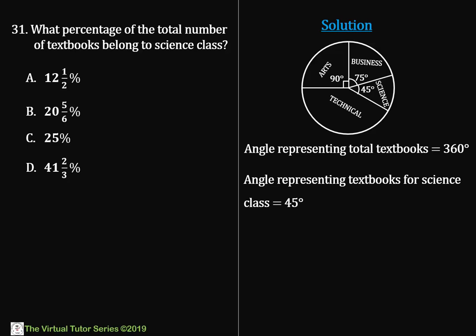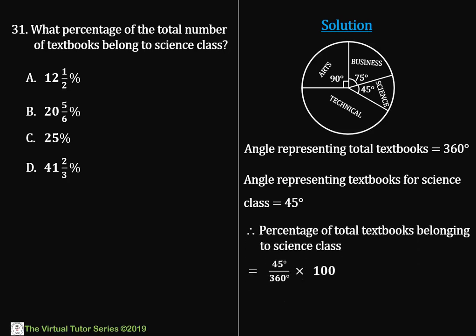That is, percentage of total textbooks belonging to science class is 45 degrees over 360 degrees times 100. This results in 12.5%. Therefore, the correct answer is option A.